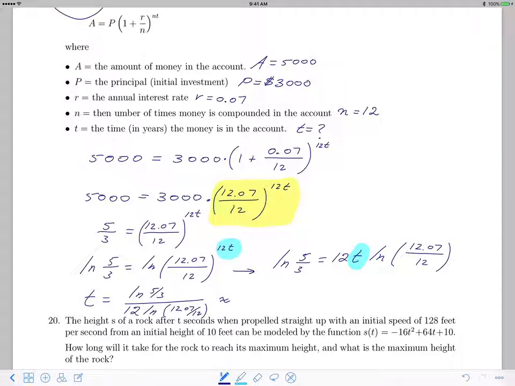Okay, and if we plug this in the calculator, we're going to get the time it takes for this $3,000 to turn into $5,000. The calculator gives us approximately 7.32 years. So it would take a little more than 7 years for the money to become $5,000.